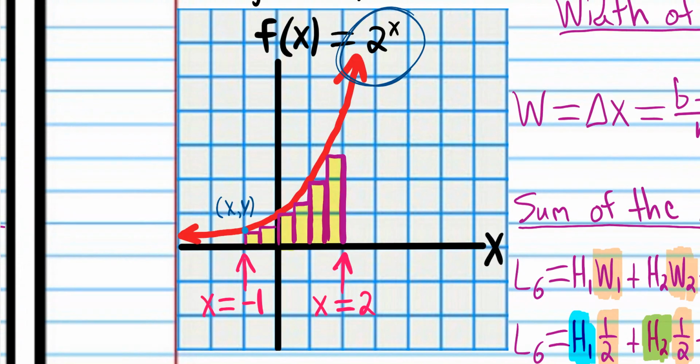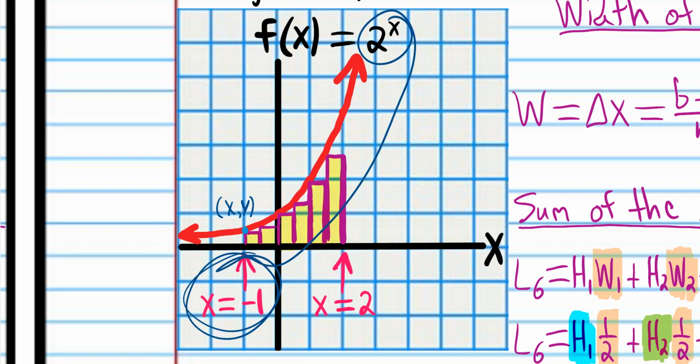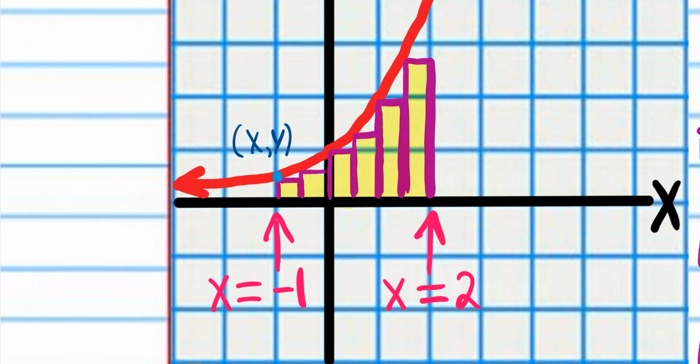That's the height of that rectangle. How do you find the output? Well, you have to plug in the x value. What is the x value? It's -1. Plug in -1 here, and that gives you the height of this first little rectangle, that blue distance there.